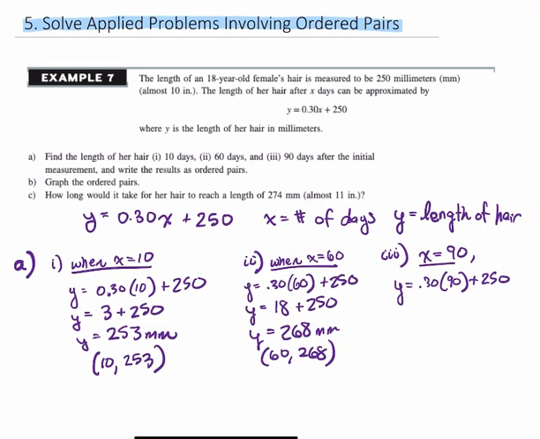So 0.3 times 90 will give you 27. So 27 plus 250, and then adding those together, you should get 277. So we can say after 90 days, the length will be 277 millimeters. So you see this continuous growth.